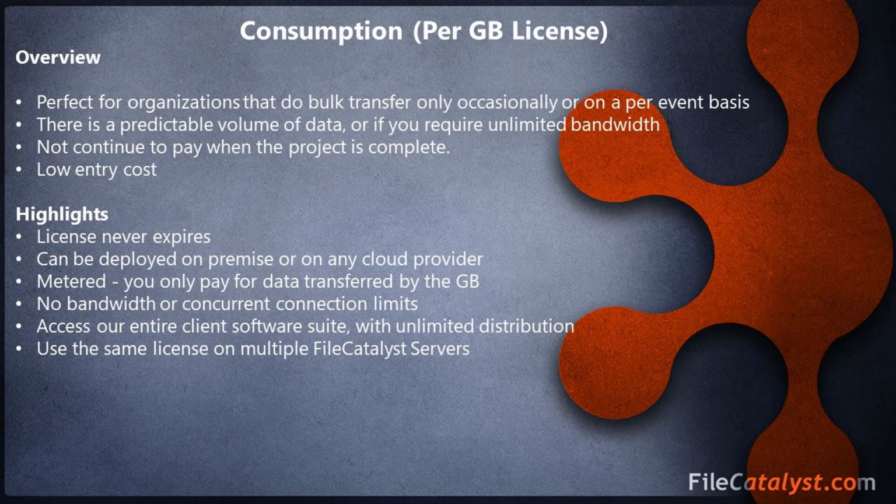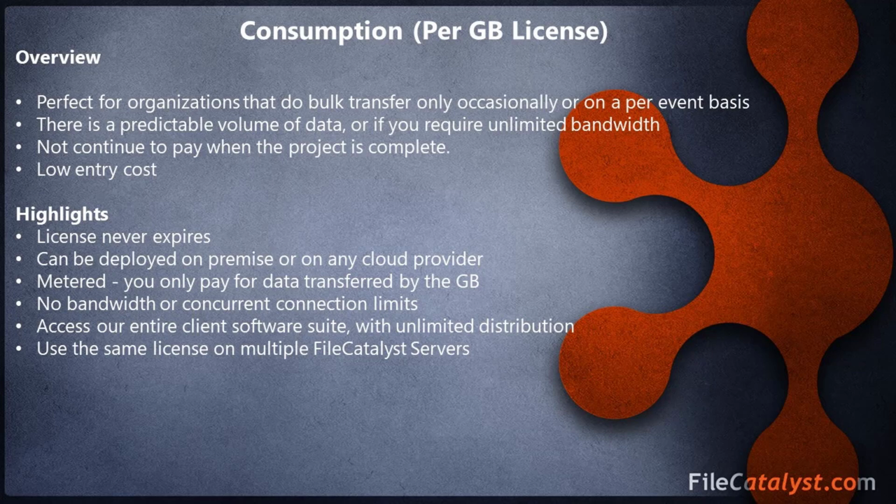The other option is consumption. This is for if you have a specific project. Let's say you have to migrate data from site A to site B, and you know that there's 1 terabyte of data, and you're going to need that for a month to migrate the data. You can then go on a consumption basis. There's no upfront cost. Basically, you get everything for free, and you get a metered license, and the cost starts at 35 cents per gig and drops as you transfer more data.